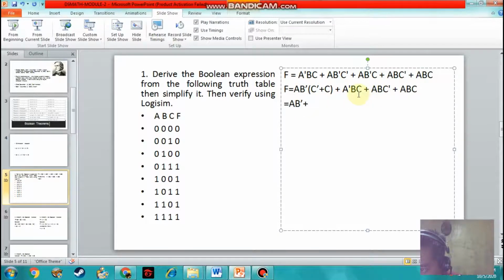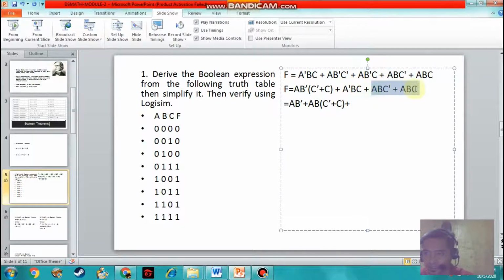Ito naman, may common pa ba? Uy, meron din. Ito, kasi parehong may AB. No? So, sige, sulat natin AB. Factor out. No? C prime plus C. So, parang ganun din yung kanina. Plus ito. Natira ito. Ito yung natira, di ba?